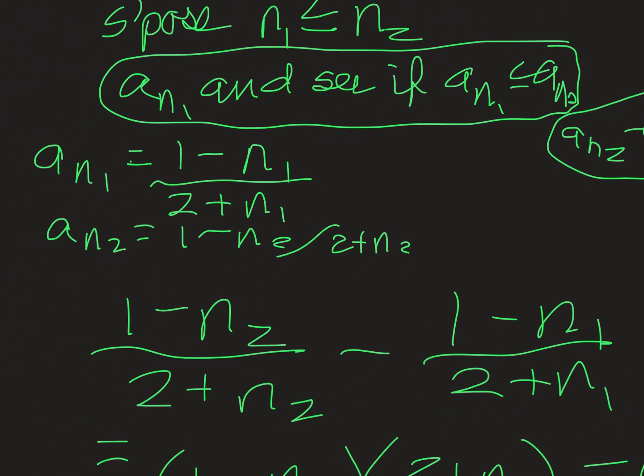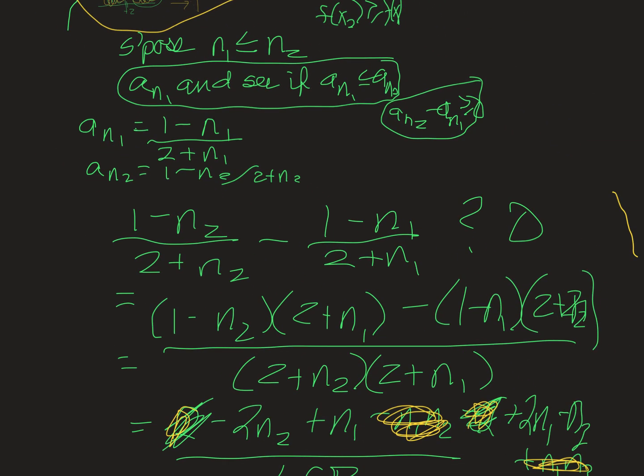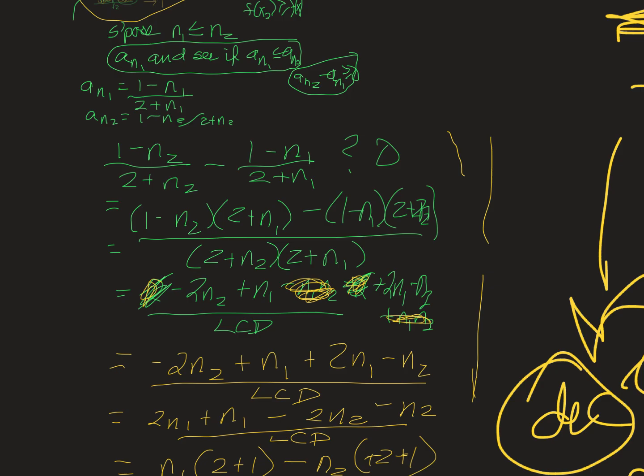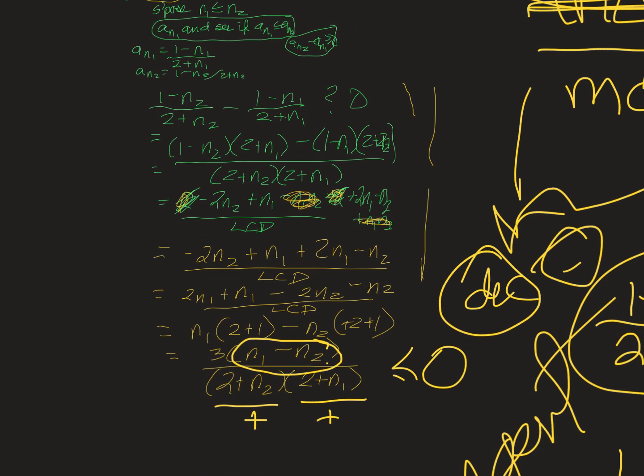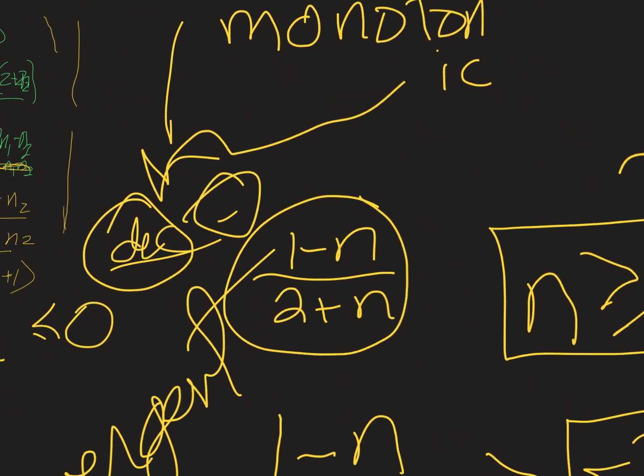And the next one is the algebraic approach, where you take the second term minus the first term and then simplify it to a point where you can tell if it's negative or positive. And then you'll know if it's greater or less than 0. In our case, it was less than 0, which means always decreasing, which agrees with the calculus we used earlier.